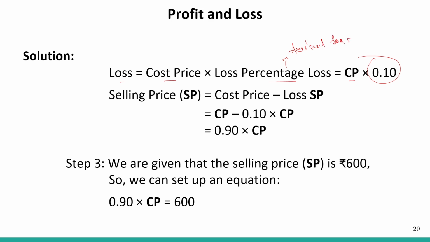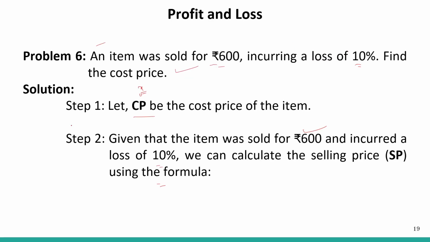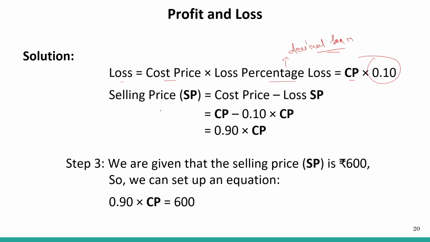So this is method 2. Selling price is equal to cost price minus loss. So CP minus 0.10 into CP is equal to 0.90 CP. We are given that the selling price is 600, right?